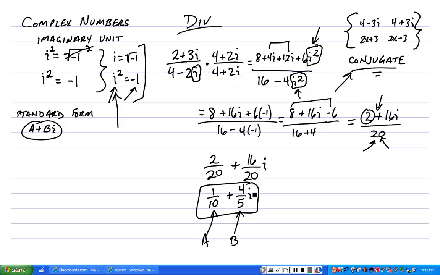Okay, let's look at another one. Let's say we had a problem like this: 6 minus 7i over 1 minus 2i, and we're asked to find the quotient. Division, what they're going to say is find the quotient.